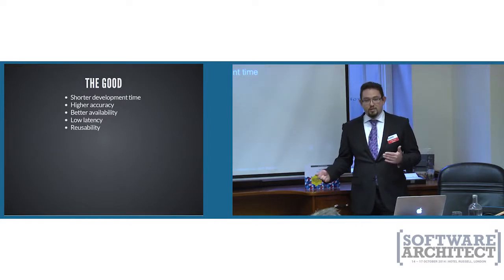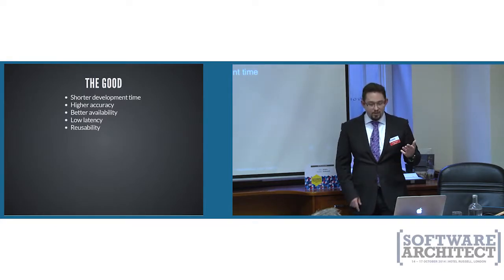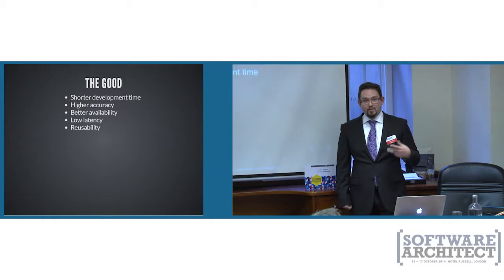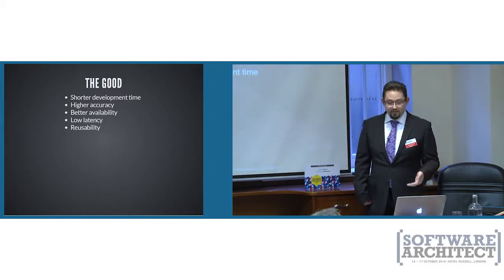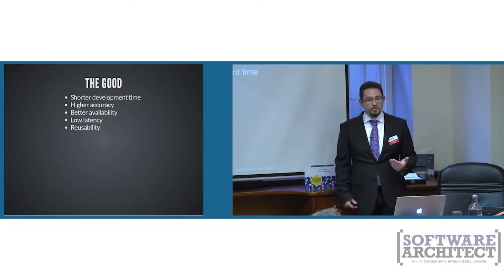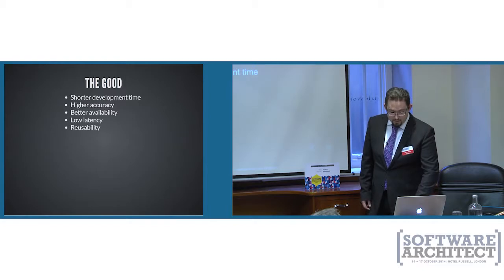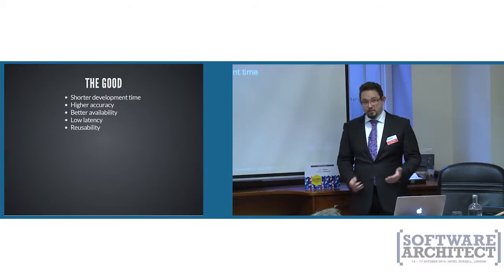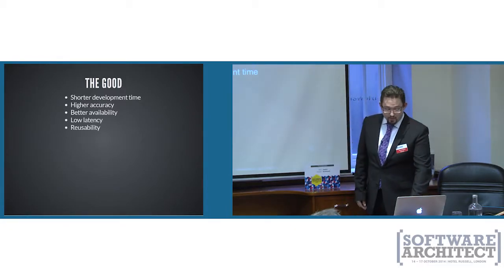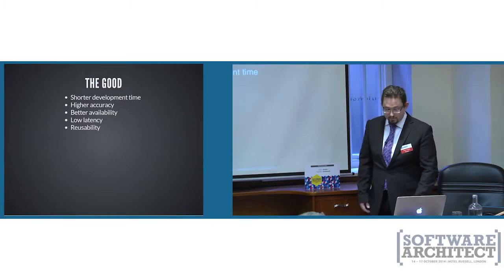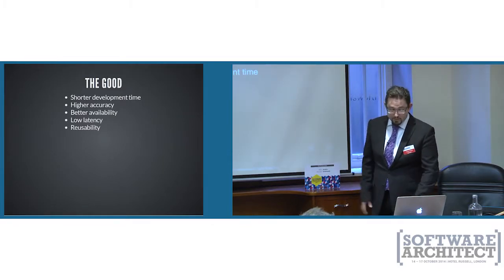Because it's simpler, you can deploy it faster, scale better, and get feedback earlier from the users, and this means higher business accuracy because you can change faster. Better availability, because you can scale the parts with better strategies.